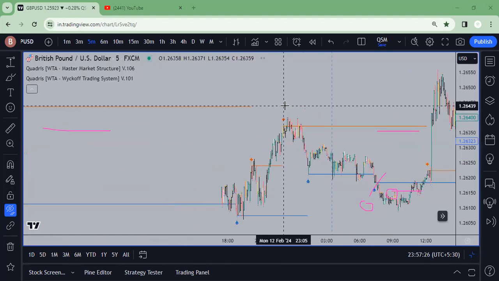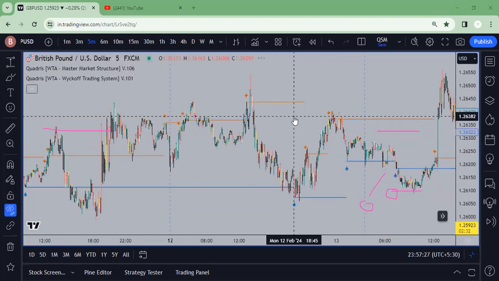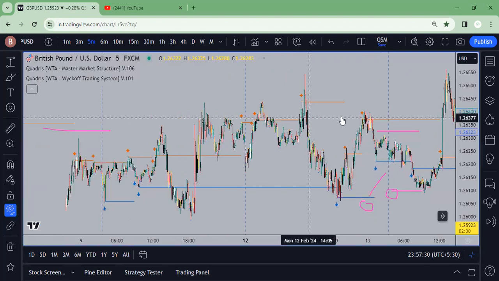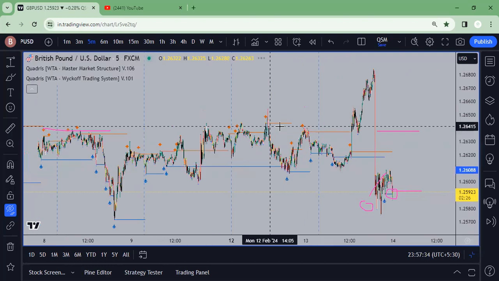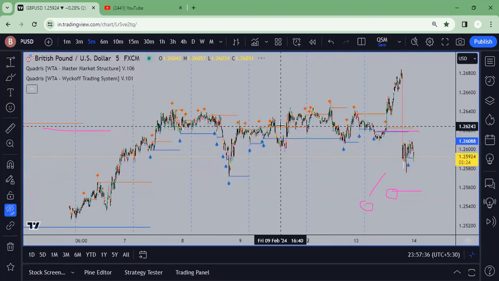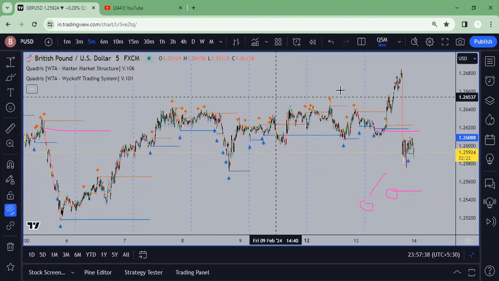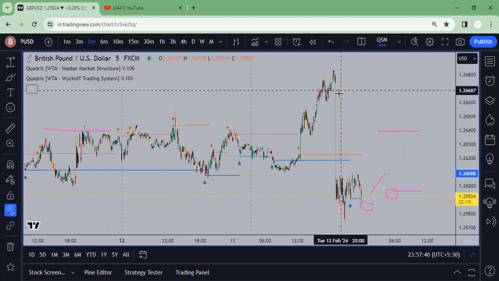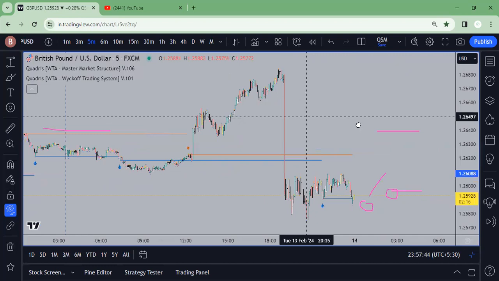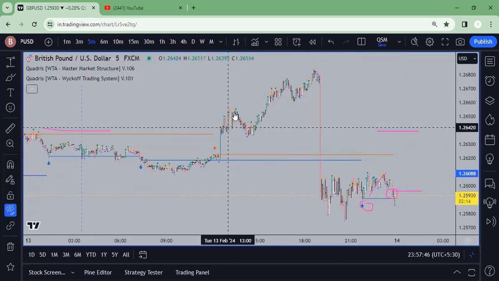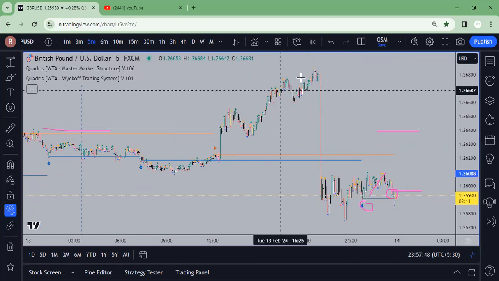And this being first target, second, and so on.